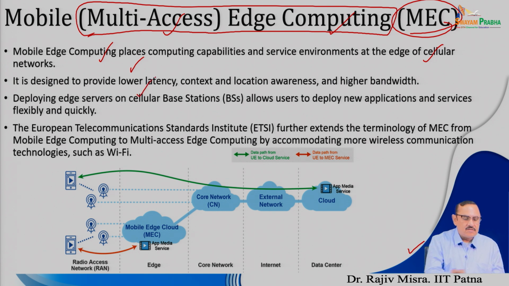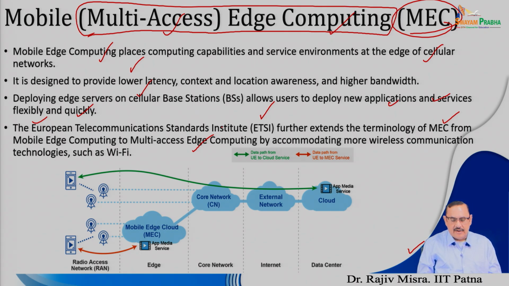Deploying edge servers on the cellular base station allows the user to deploy new applications and services flexibly and quickly. Now, there is a standard body, the European Telecommunications Standards Institute (ETSI), which further extends the terminology of MEC from mobile edge computing to multi-access edge computing by accommodating more wireless technologies such as Wi-Fi.